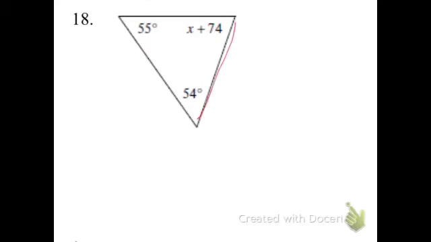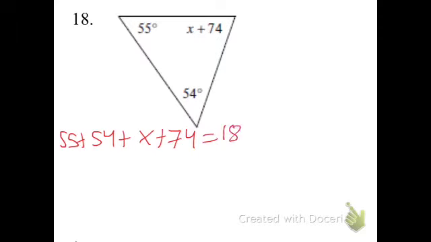On 18, this is a triangle. All of those pieces, all those angles add up to 180 degrees. And so that's what I'm going to write down. 55 plus 54 plus 74. Whoops, I forgot the x part. Plus x plus 74 equals 180 degrees.